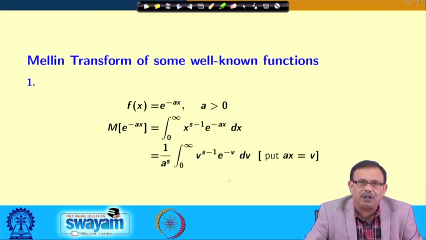Put a x equals v, then this integral will be transformed to 1 by a to the power s, integral 0 to infinity v to the power s minus 1 into e power minus v dv. And this integral is nothing but gamma s. So the result is gamma s by a to the power s. Therefore, the Mellin transform of e power minus a x is equal to gamma s by a to the power s.